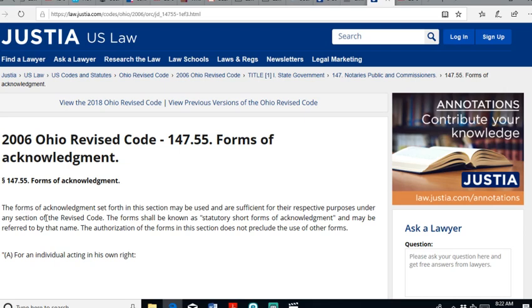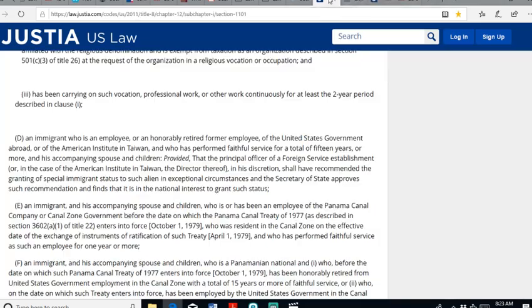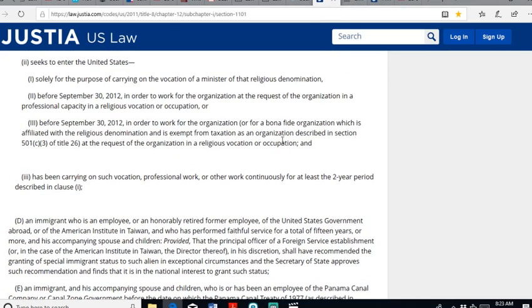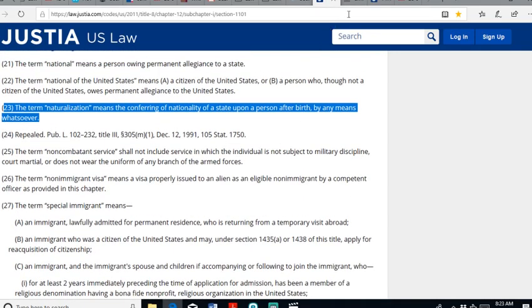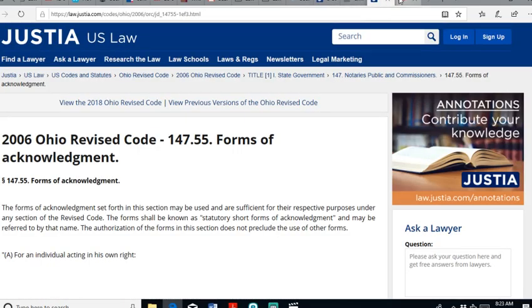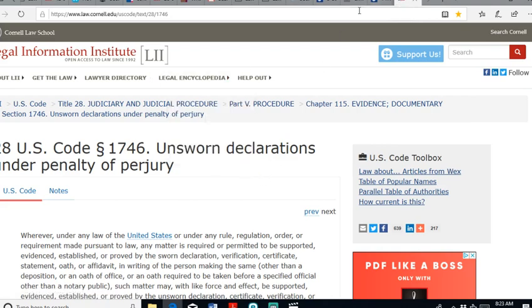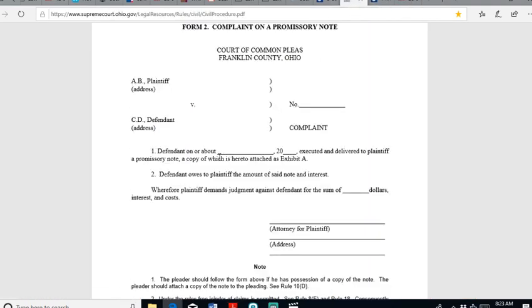Now, once you complete all of those different phases, and you get your complaint done, I like to do, because you're going to have processes, and they aren't going to do it right away, I like to do a notary presentment while that complaint is being filed, while it's in the court.